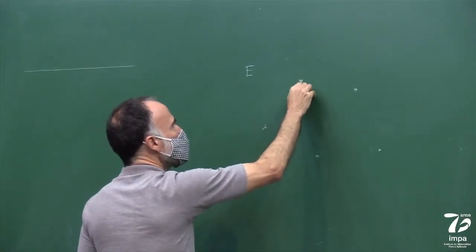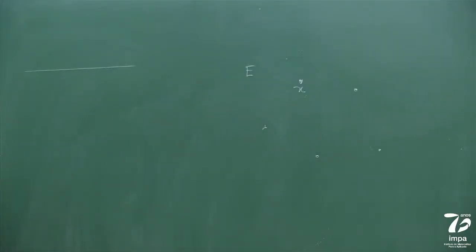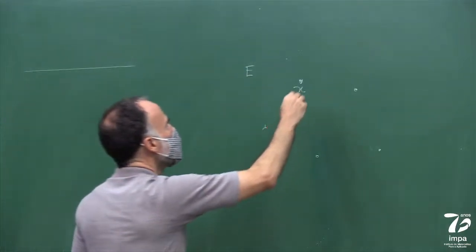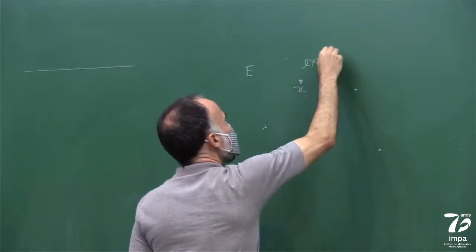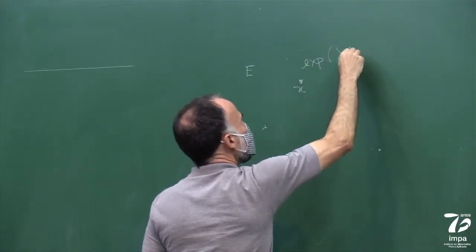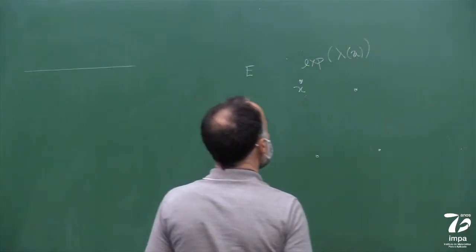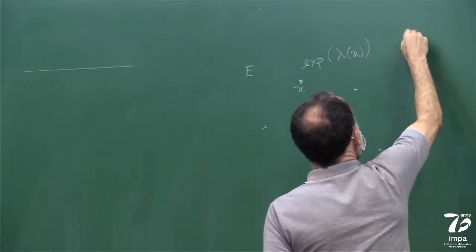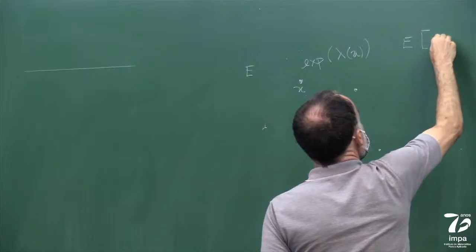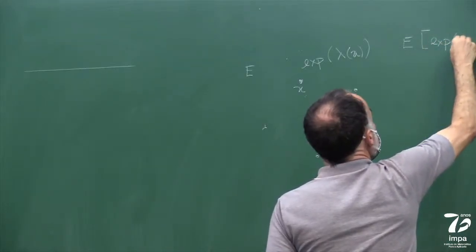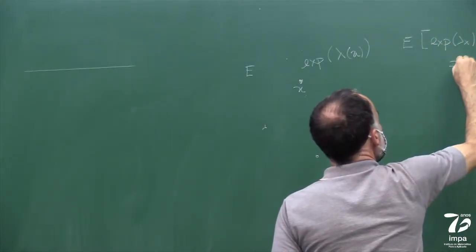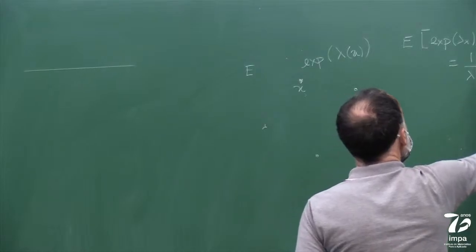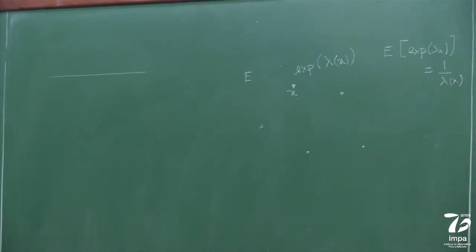Once you are in a point x, you remain there for an exponential time of parameter lambda of x, which means that the expectation of this exponential time is 1 over lambda of x. So you remain there for this exponential time.